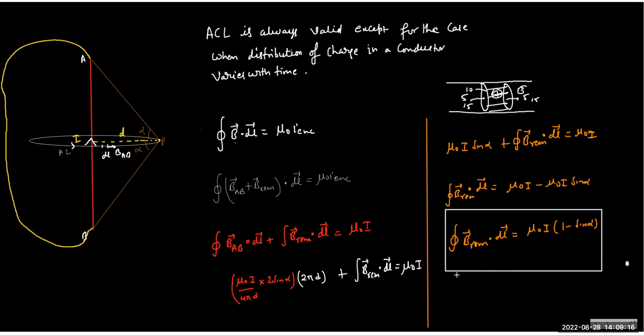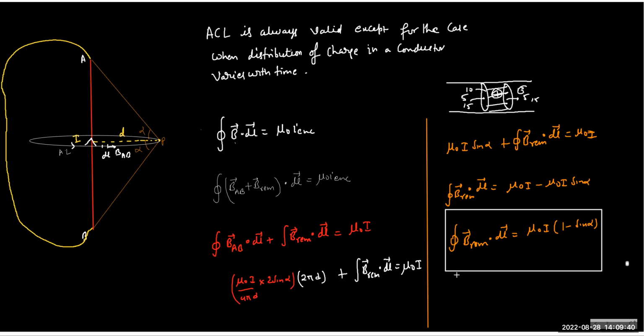Is this clear? Yes. Now, if the segment becomes infinitely long, what will happen? If the segment itself is infinitely long, then alpha becomes 90. Yes, sir. So that means the remaining part's contribution will be almost 0.